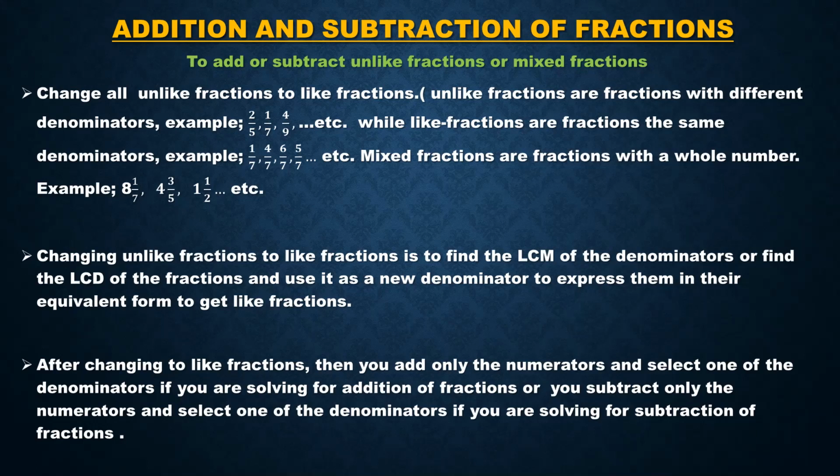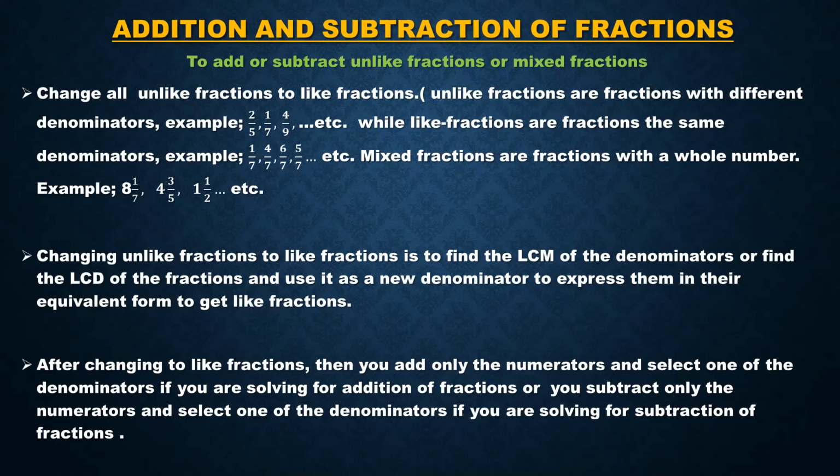After changing to like fractions, you add only the numerators and select one of the denominators if you are solving for addition, or if you subtract the numerators and select one of the denominators if you are solving for subtraction of fractions.